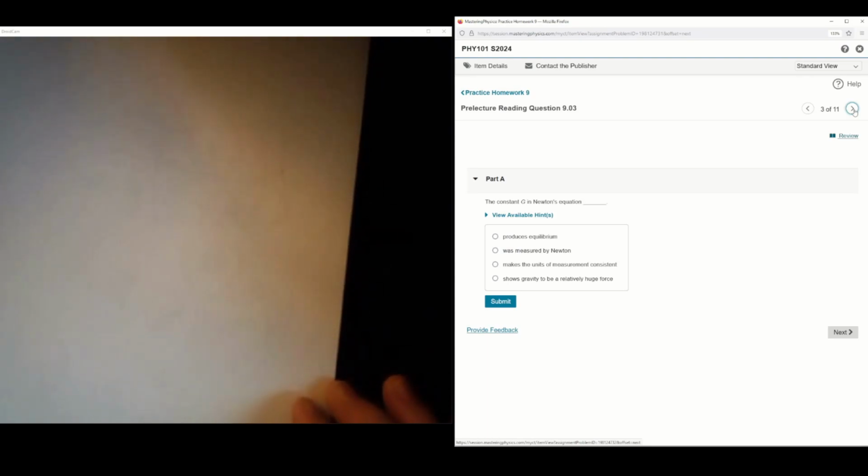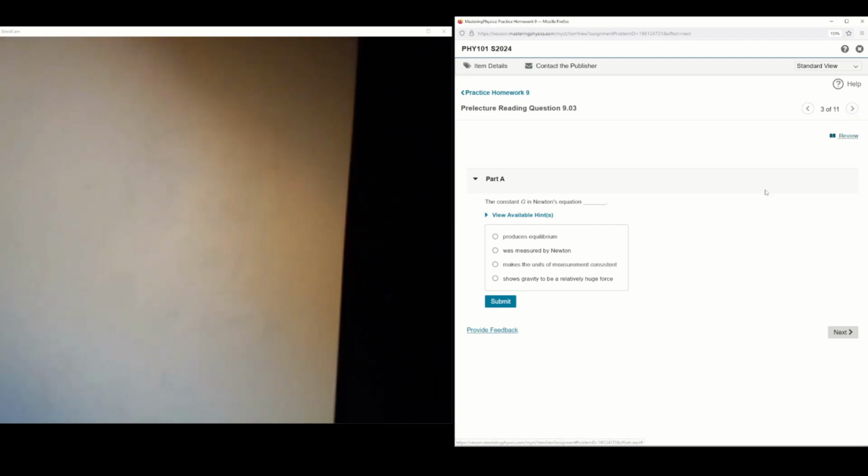The constant G in Newton's equation produces equilibrium, was measured by Newton, makes the units of measurements consistent, shows gravity to be a relatively huge force. Well, I didn't say this, but it was measured by Newton. G doesn't produce equilibrium.